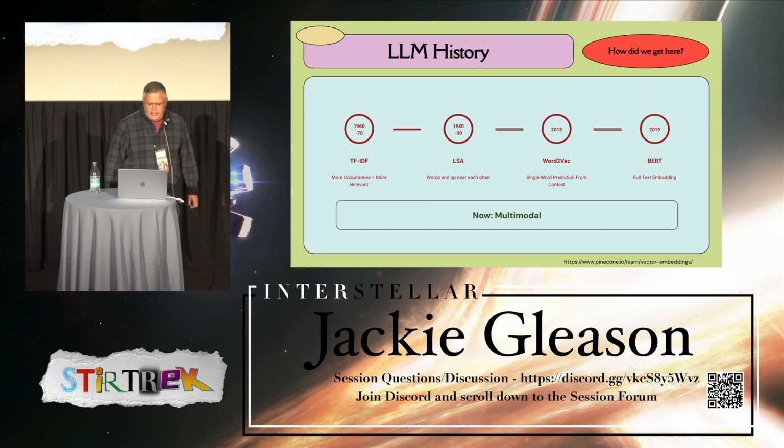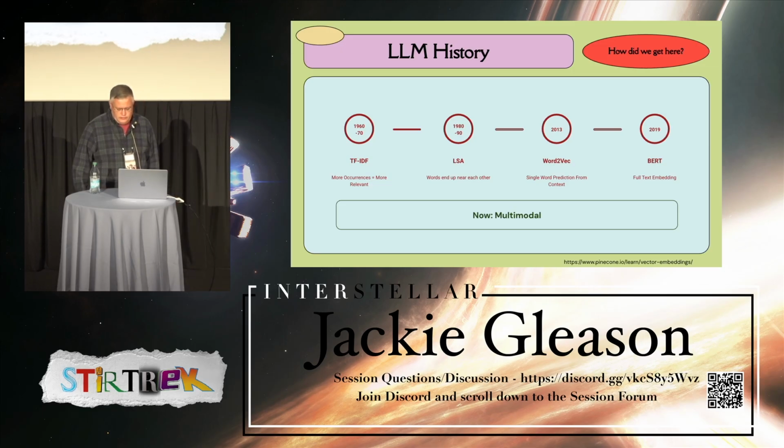After that, we jump ahead a little bit to Word2Vec, which was a Google product meant to predict the next word. It was really one of the first to use shallow neural networks to predict the neighbor word based on the words that were given. Then in 2019, another Google breakthrough was BERT, which deals with transformers.